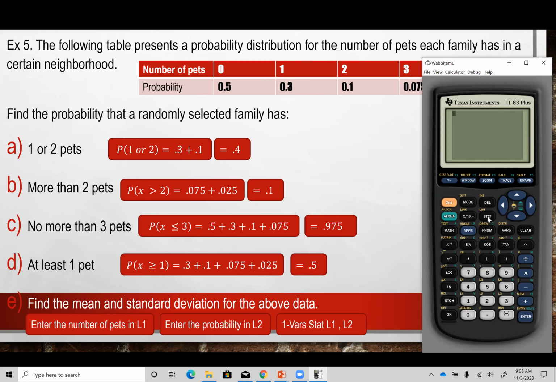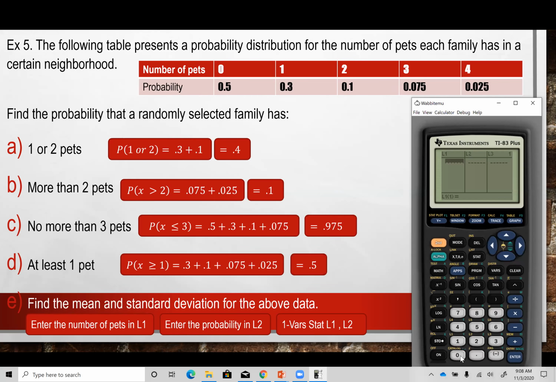If you're at the home screen, you need to hit STAT and then Edit. And then all you need to do is type in your L1, your number of pets, in this case your data is L1, which is 0, 1, 2, 3, and 4.